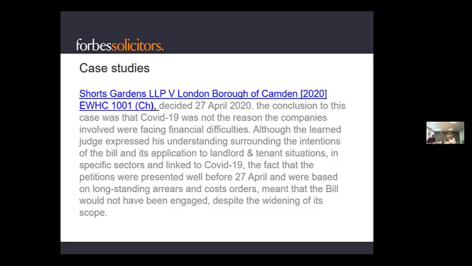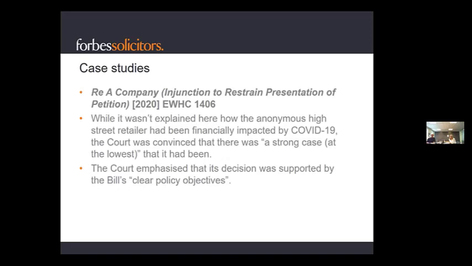The court felt that due to the length of time that the money had been outstanding, the bill and latterly the Act wasn't engaged, and despite the widening of its scope, this petition was granted. The next case that we've seen go through at the moment was a company.